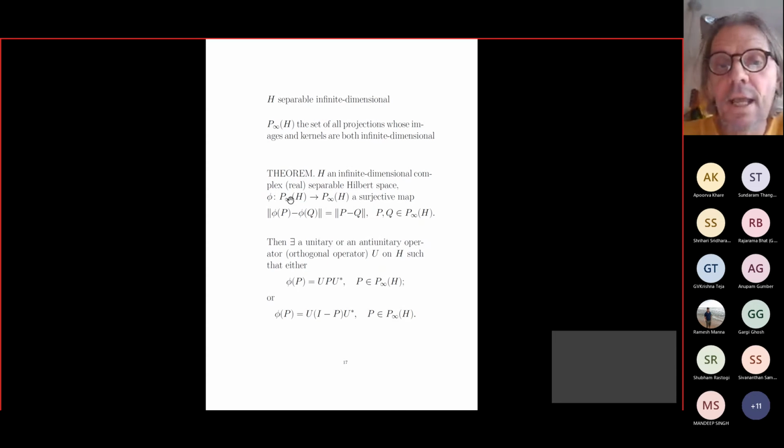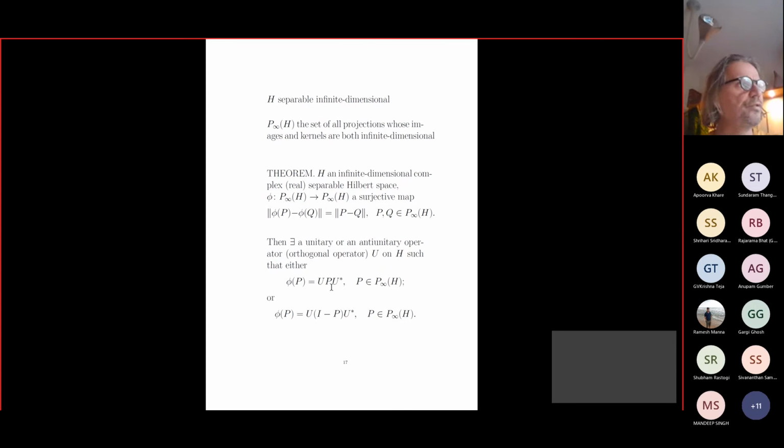What happens if we have the Grassmannian of essentially infinite dimensional projections? It essentially means that both image and kernel are infinite dimensional. And again, we have the same result. If we have a surjective map on such projections that is an isometry, and of course, because of this property it is bijective, then it has to be a nice map, a standard map.